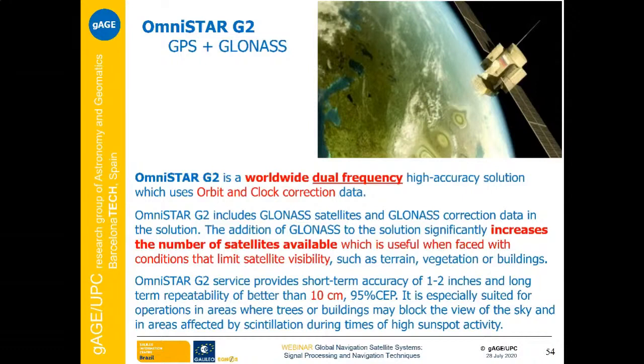Scintillations are rapid fluctuations of the signals that can produce frequent cycle slips, even loss of the signal. And then if we have more satellites to choose from, we can improve the navigation.